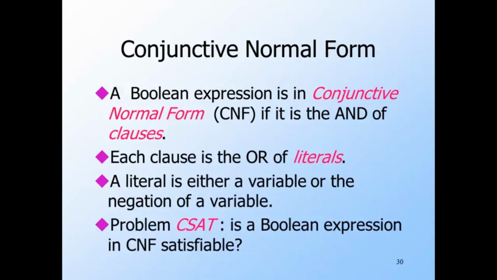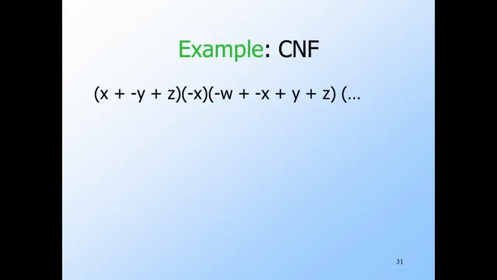So our next step will be to show to be NP-complete the problem CSAT, which is whether a Boolean expression in conjunctive normal form is satisfiable. Here's an example of a CNF expression. The first clause is X or not Y or Z. That is, X, not Y, and Z are each literals.